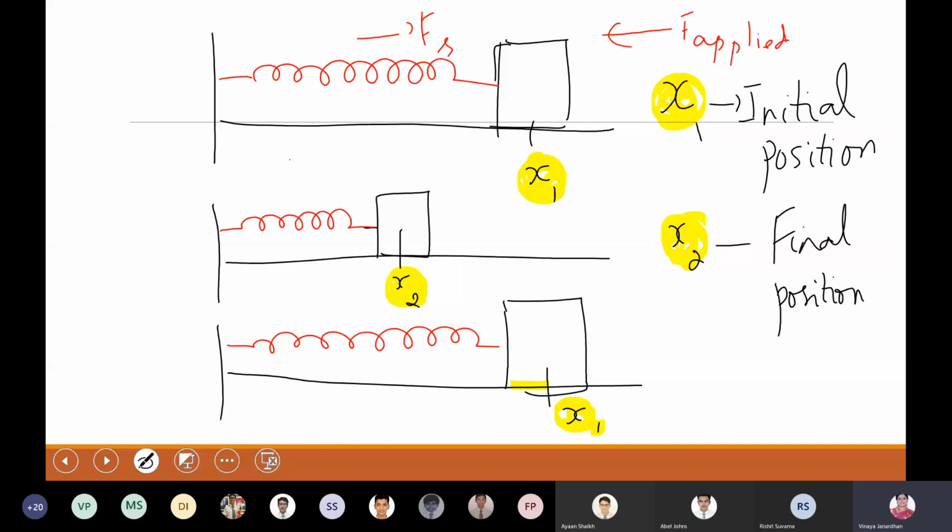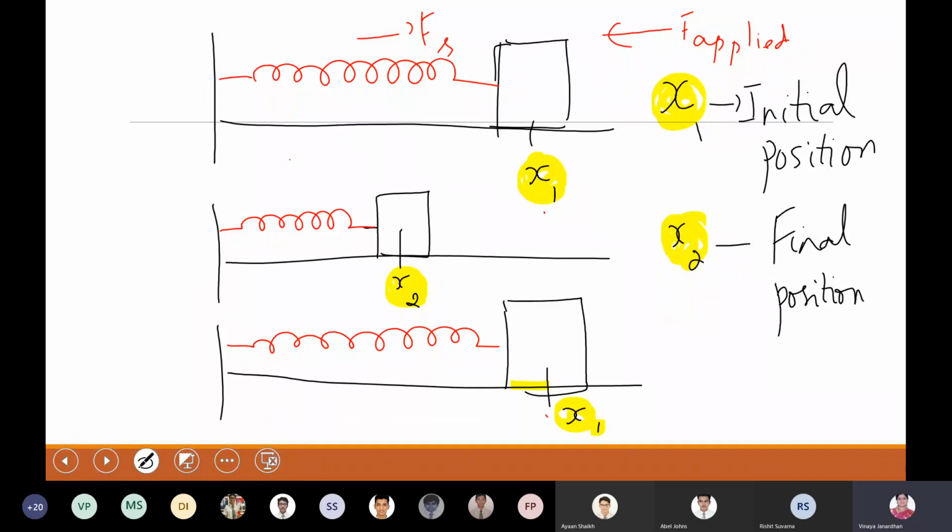In both the cases, there will be a spring force. Once you leave the applied force, what naturally happens is the spring comes back to its original position. So initially the spring was at position x1. You have moved it to position x2, and finally the spring comes back to x1. That is a closed path. Initial position is x1, final position is also x1.